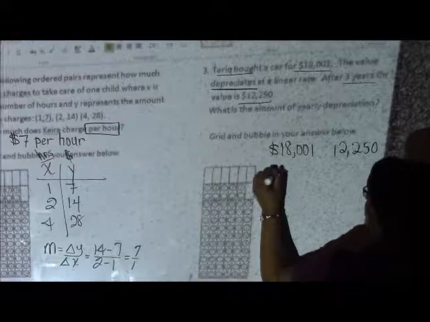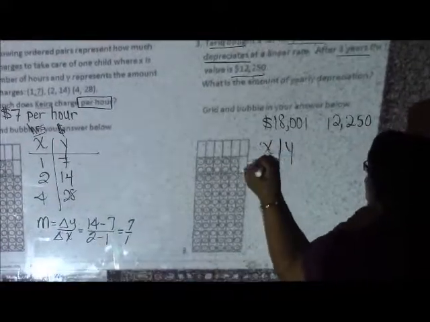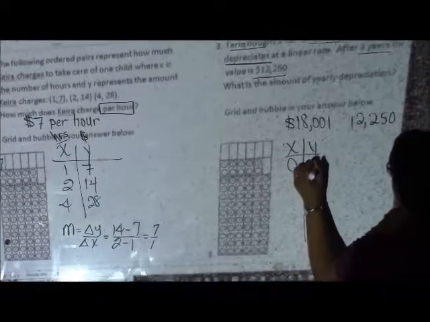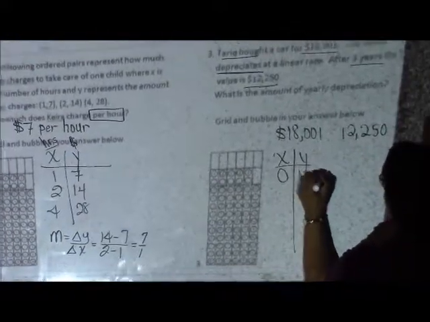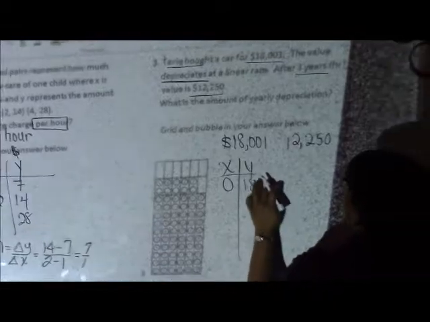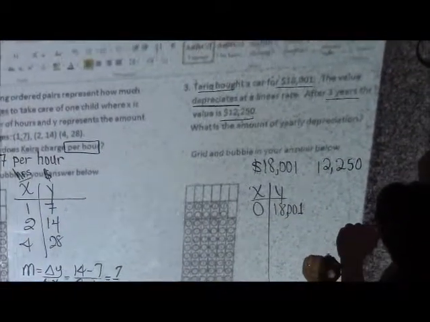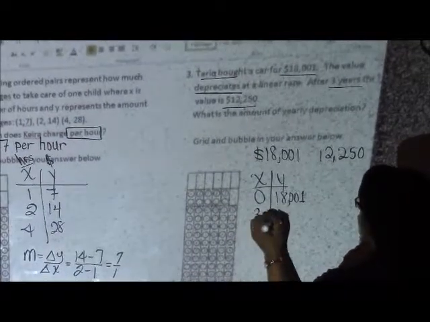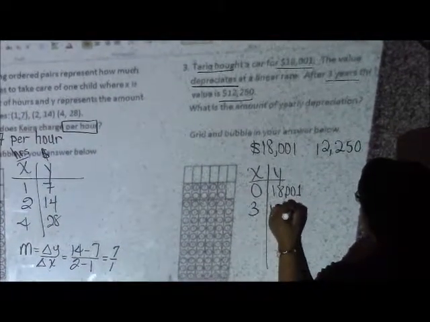So you can again make a table. When he first bought the car, we can call that 0. It was worth $18,001. And then here, after 3 years, it was worth $12,250.